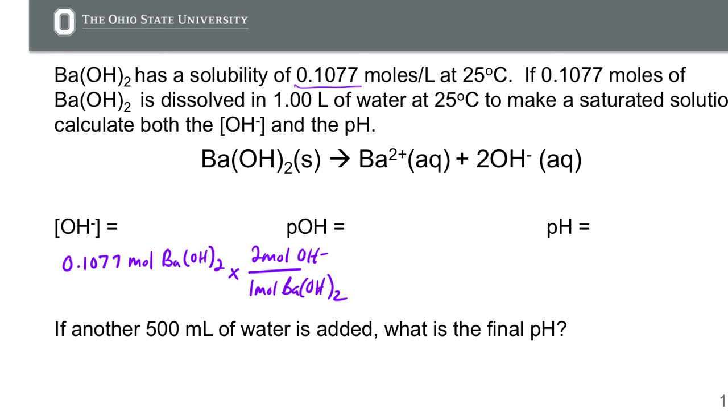So we calculate our number of moles. We end up with 0.2154 moles of hydroxide. And so, as we said, this was dissolved in 1 liter of water.